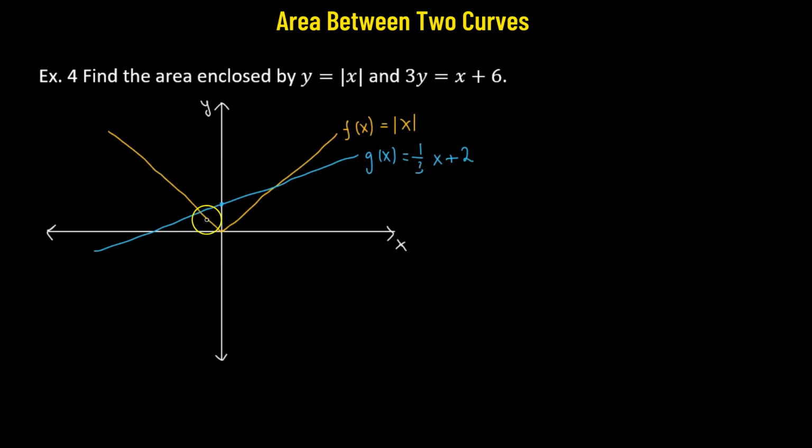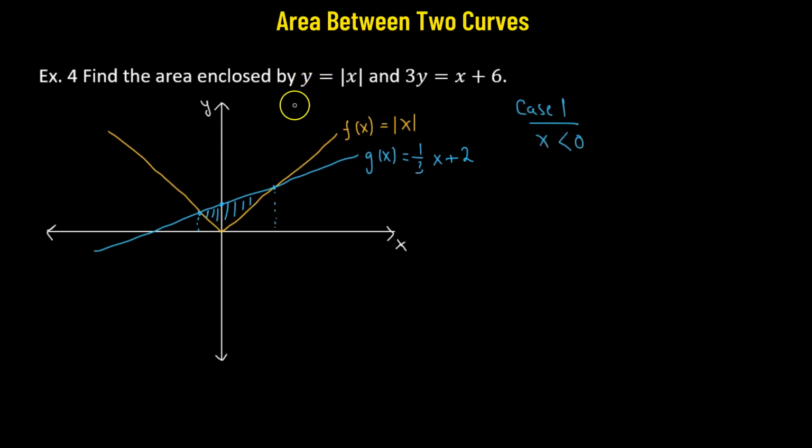Now our task will be to determine the area enclosed by this line and the graph of y equals absolute value of x. For this we will be needing the endpoints, which will serve as the limits of integration. So we'll have to find the points of intersection. To do that, we will solve these two equations. Now let's take two cases. Case number 1, when the value of x is less than 0.